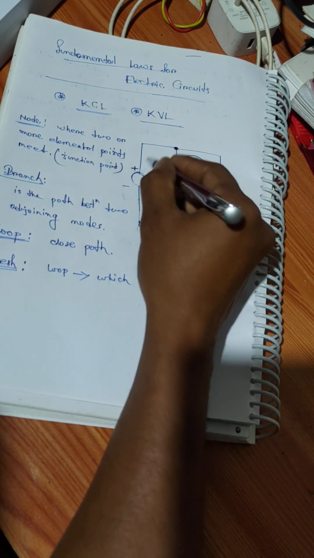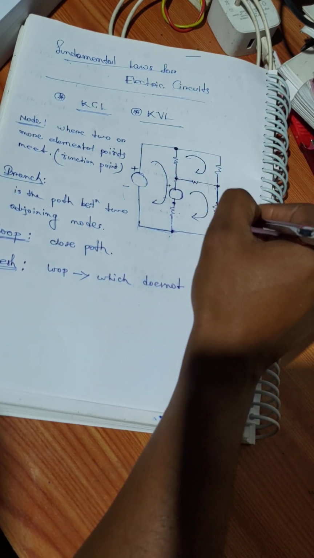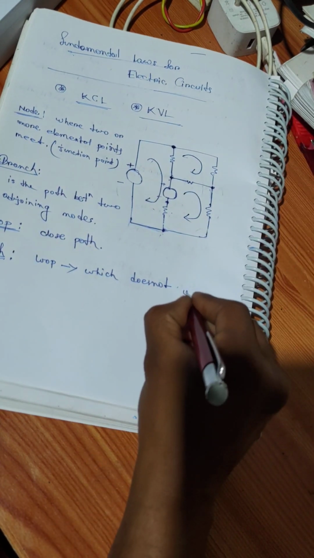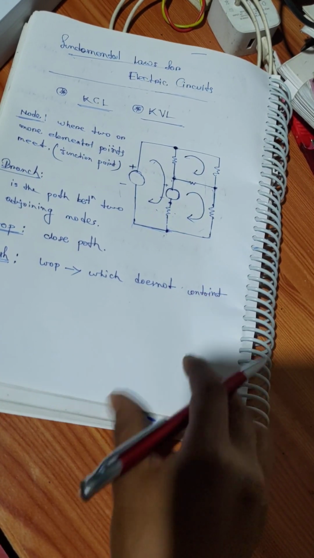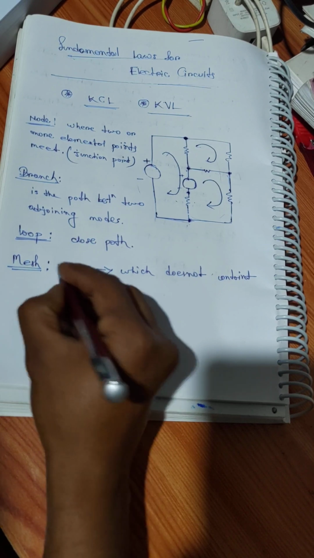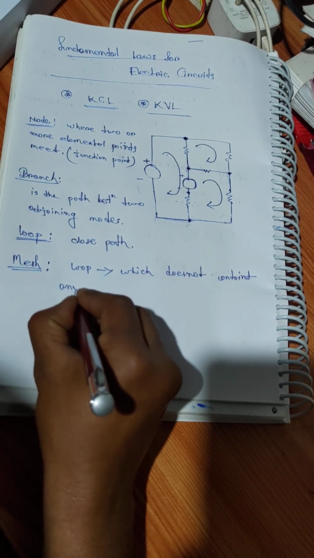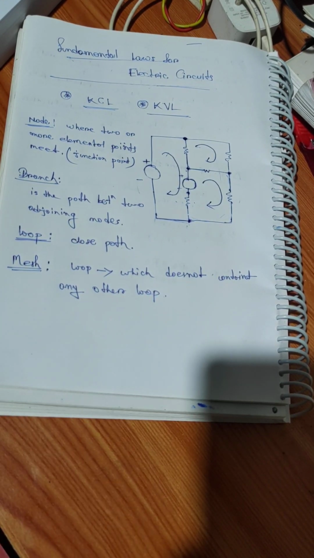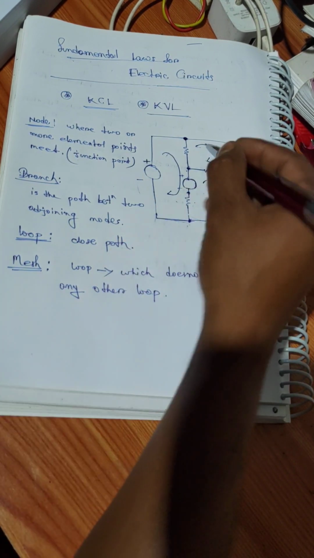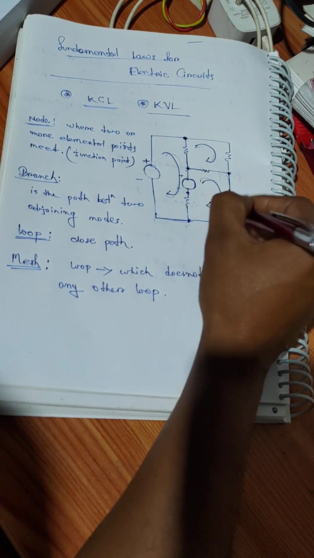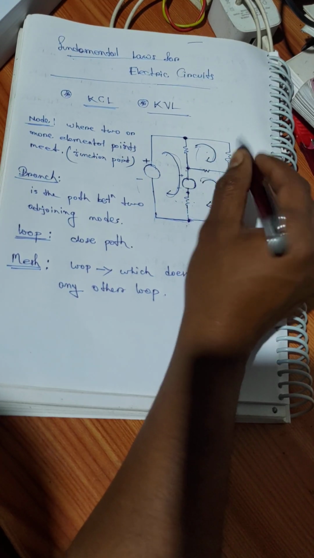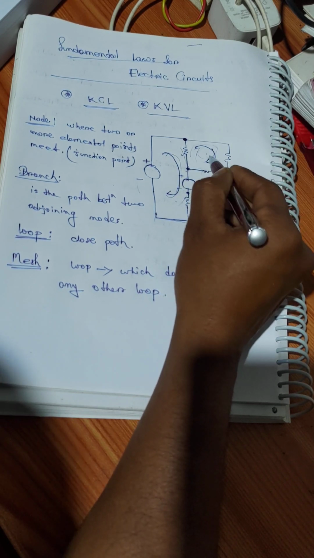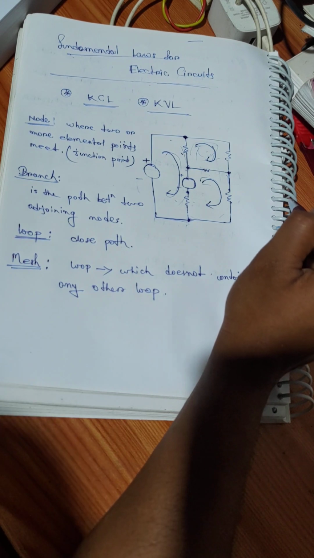If we start from this node, it will go through all this and come back here, one loop. So how many meshes here? 1, 2, 3. Inside these three loops there is no more loop. Inside this there is no loop, inside this loop no loop, inside this there is no loop.